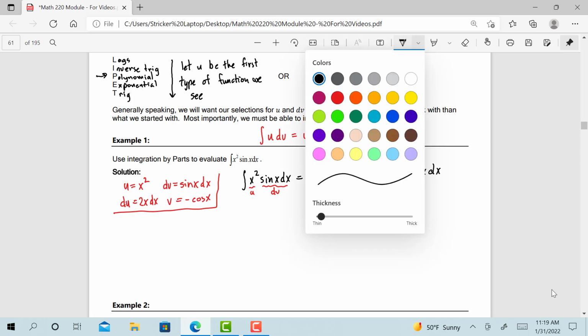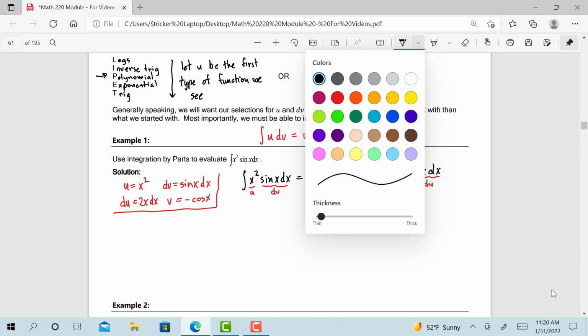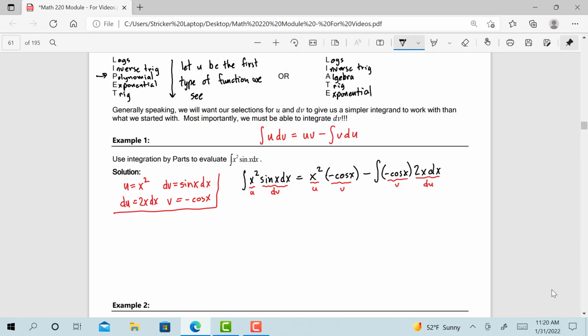So again, let's label these parts just so we can see exactly what's going on. This is u, this is v, minus the integral of v du. And just to clean this up a little bit, I always think it's better if we clean things up, make them look nicer.